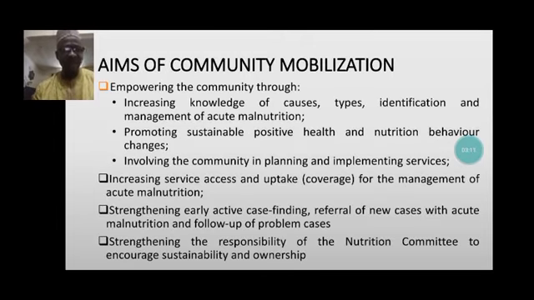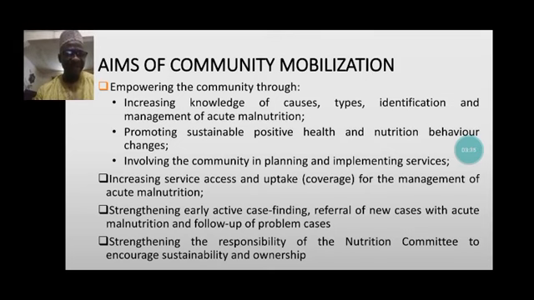Aims of community mobilization. The aim is to empower the community through increasing knowledge of causes, types, identification, and management of acute malnutrition, and at the same time promoting sustainable positive health and nutritional behavior of the people. At the same time, it involves the community in planning and implementing these services.